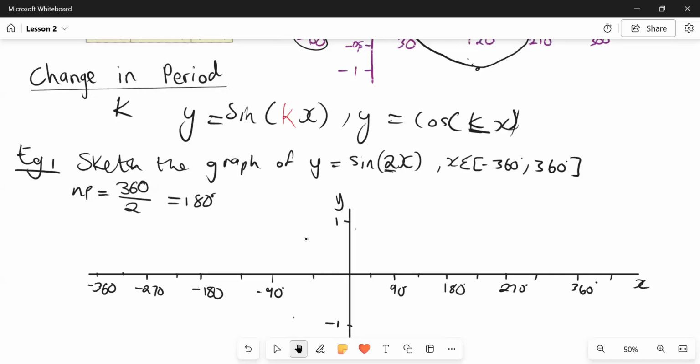Now, in order to sketch the graph, we take every key value, intercept, and divide the x-coordinates by 2. After that, you'll get new points, or rather new values. So at negative 360, you have a 0. You have 1 there between negative 360 and negative 270, then 0 at negative 270, negative 1 between there, 0, 1.